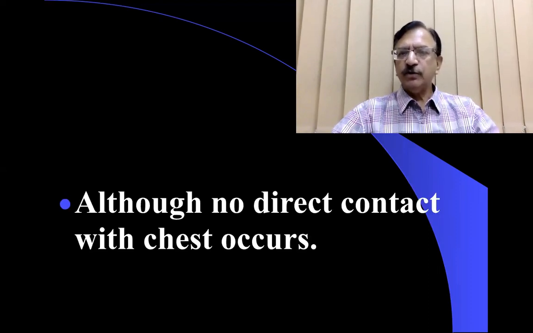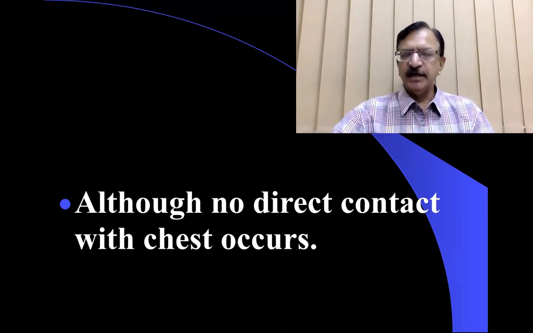Although there is no direct contact with the chest, these pressure waves travel through the body, and hydrostatic and pneumatic forces are generated within the cavities containing air and fluid and cause disruption.